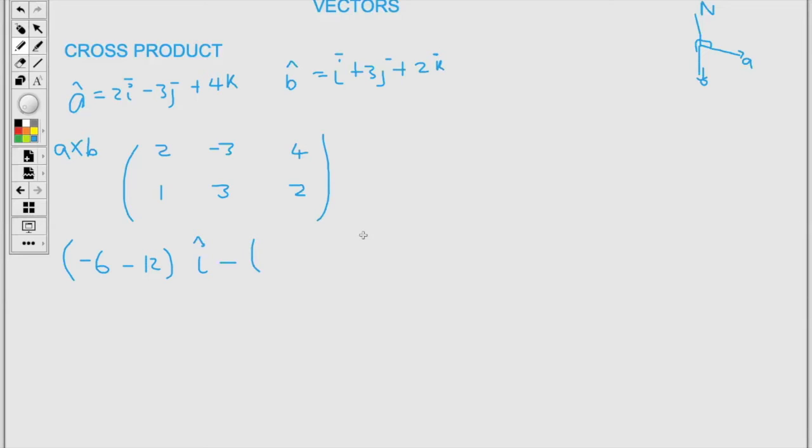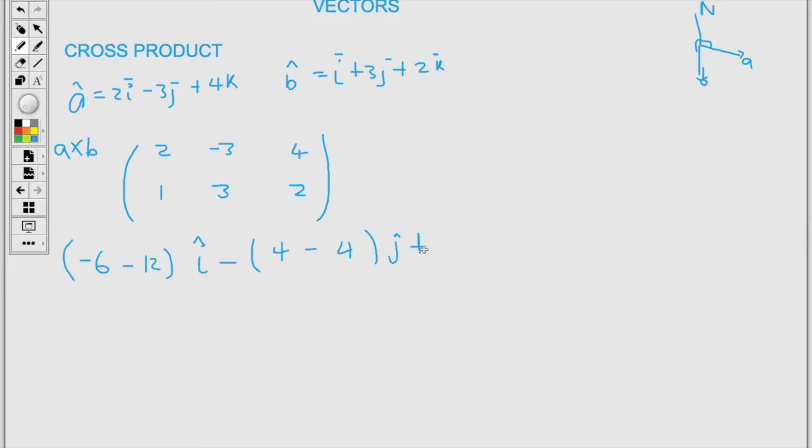Then we have minus. Then I eliminate the second column to have 2 times 2 to give me 4, minus 4 times 1, that gives us 4. Then I eliminate the last column.